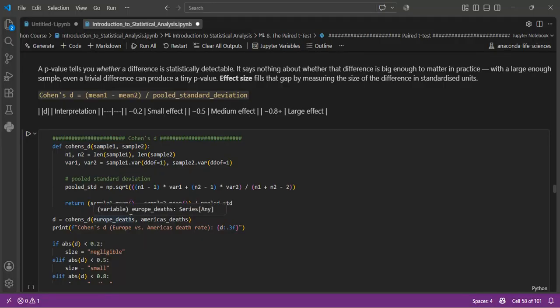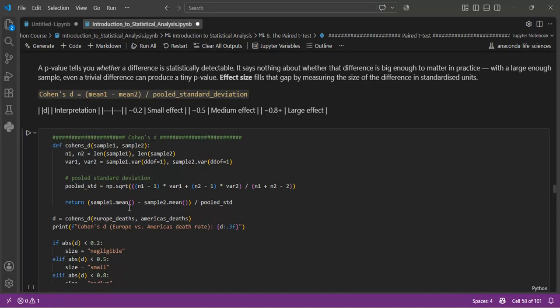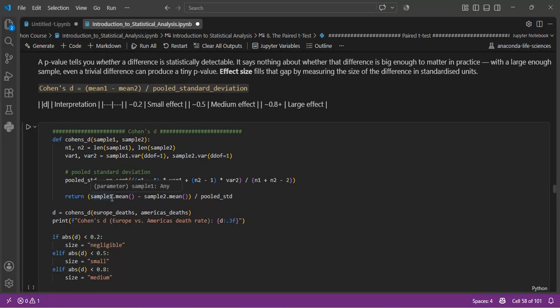So how do we implement this? We have the Cohen's d equation here. This is the equation that solves Cohen's d, which gives you the size of the significance. To implement this, we are going to write a function in order to make the work a bit simpler. Our function will be called cohens_d, and it takes two parameters.